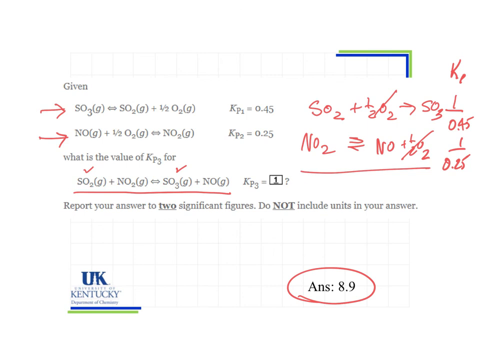You were looking for SO2 plus NO2 gives you SO3 plus NO. If these two reactions add together to give you this overall reaction that you see right here, then your K's are multiplied, okay? So take the reciprocal and then multiply them, and that is what gives you that answer.